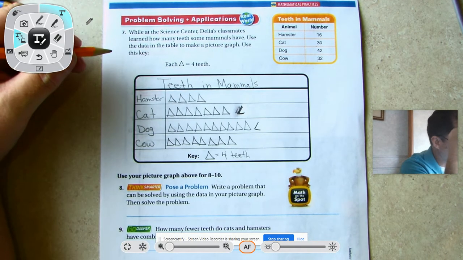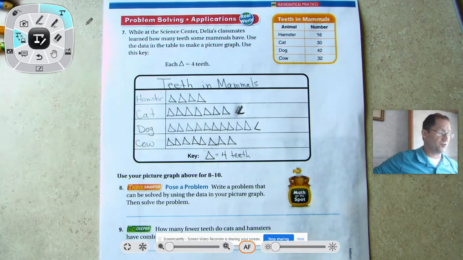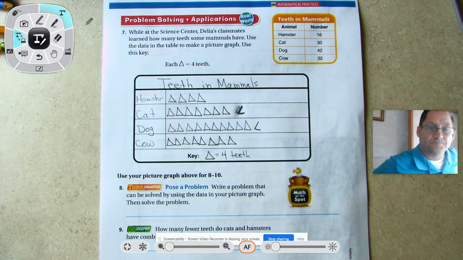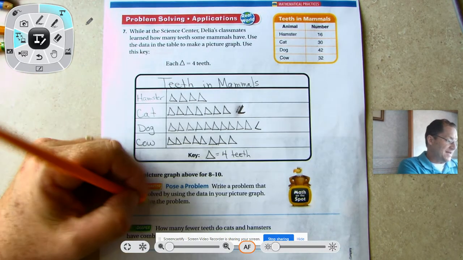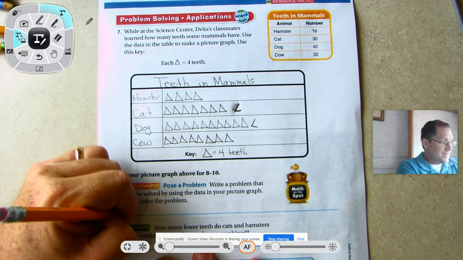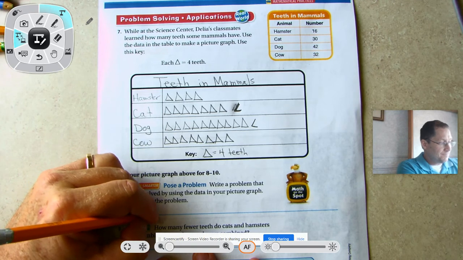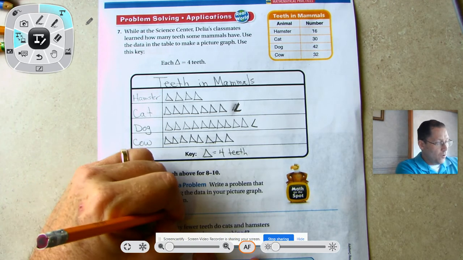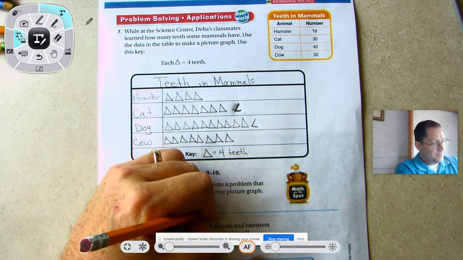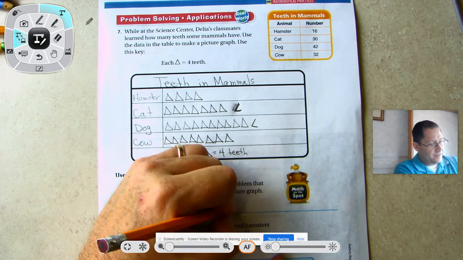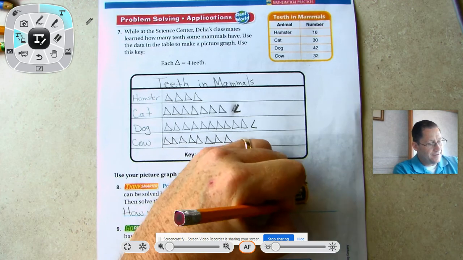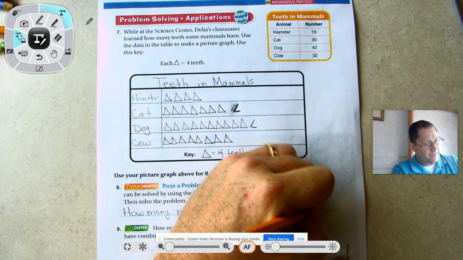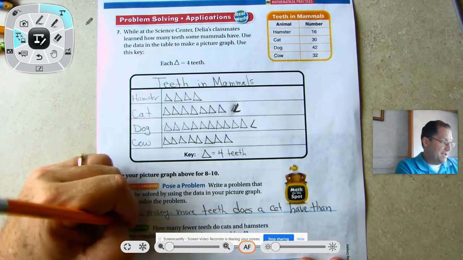Write a problem that can be solved by using the data in your picture graph. Then solve the problem. You can use any question, but it might be something like, how many more teeth does a cat have than a hamster?